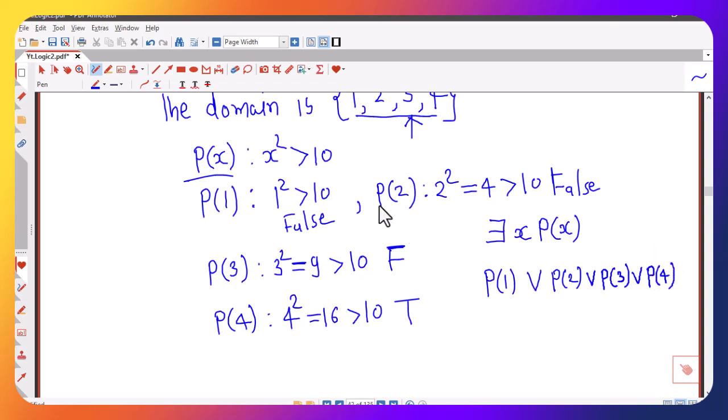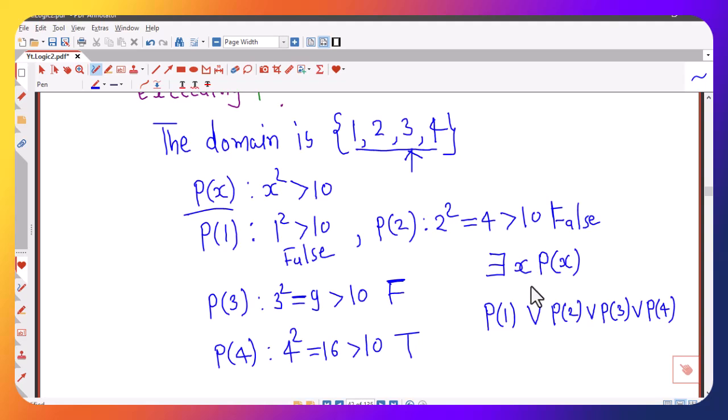If our domain is finite, then we can write this as the disjunction of 4 statements corresponding to 4 values of the variable in the universe of discourse. And we know that a disjunction is true if at least one statement has truth value true.